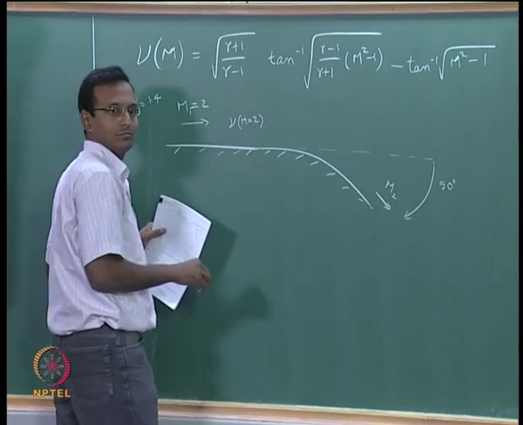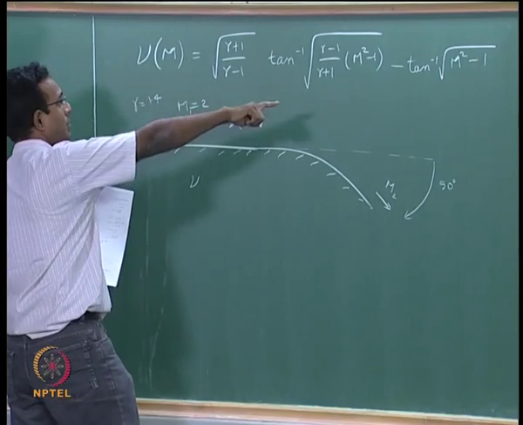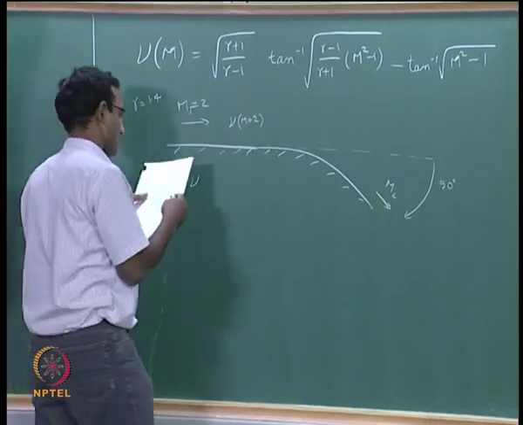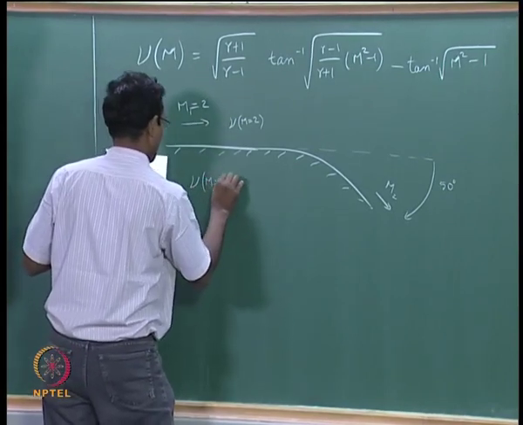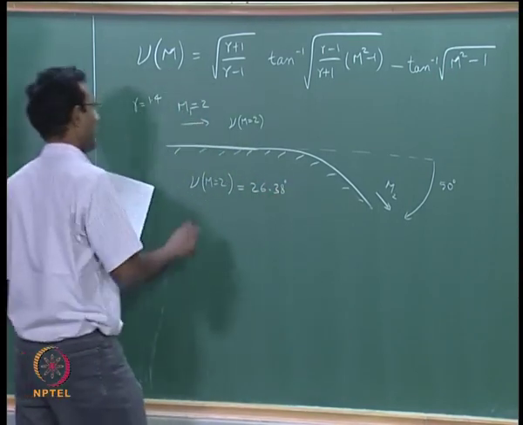I have to find nu 1 from this function above, but instead of this function we will use tables. It is not an easy function to work with, just use tables. Nu of M equal to 2 comes out to be 26.38 degrees for gamma equal to 1.4.